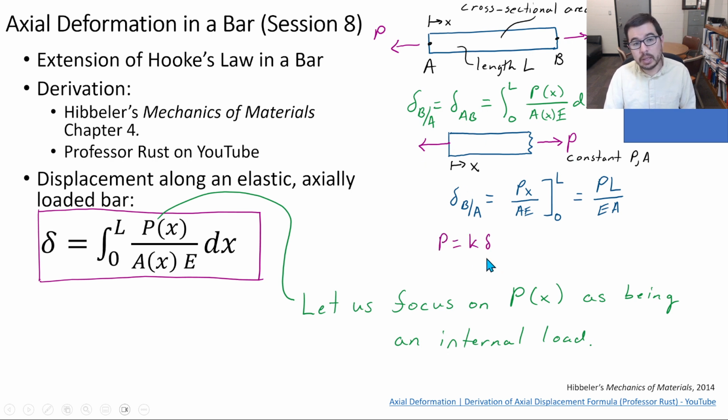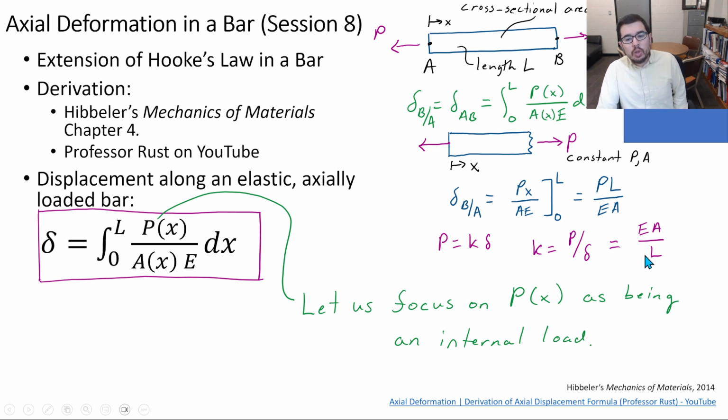And if we're thinking about it as an external load, it's fine to say that P equals K delta, because this external load is the same as this internal load, and K is equal to P over delta, and that's got a spring constant of EA over L. So that's for a bar.